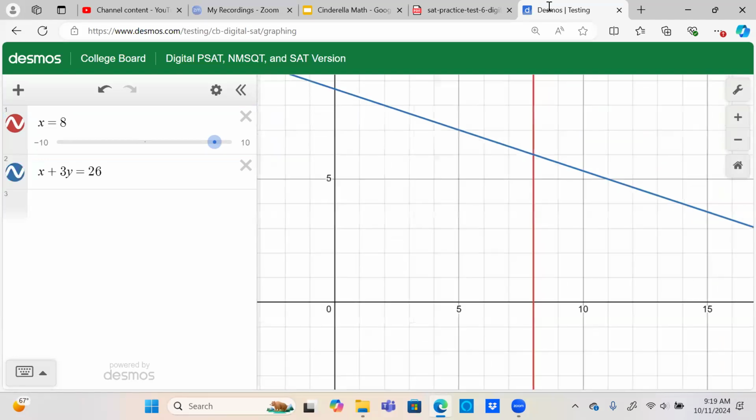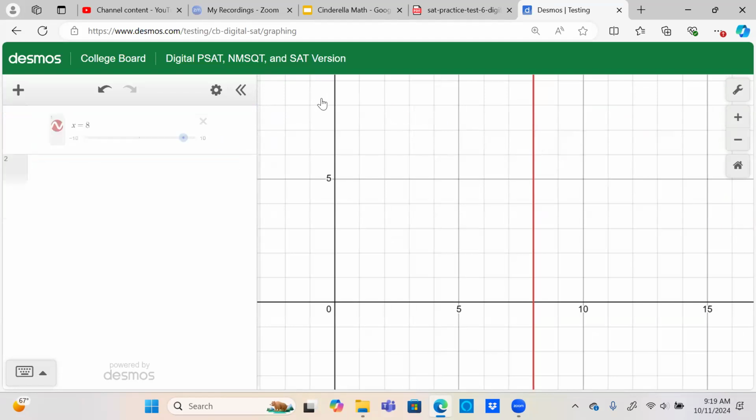And then you're looking for this intersection point, boom, 8, 6. So they're both pretty quick there because they gave us the x value. You could do it by hand or Desmos. They both get the job done. 8, 6 was the solution to that system.